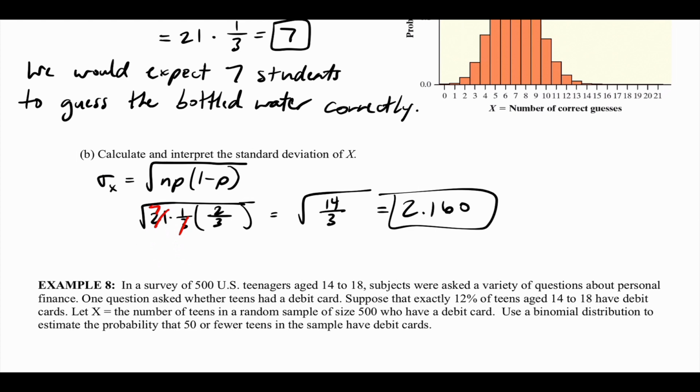Exactly. We would expect 7 students to guess correctly. That number will vary by about 2.16 students. That is the 3 out of 3, 4 out of 4 answer. Okay? So we would expect 7 students to guess correctly.